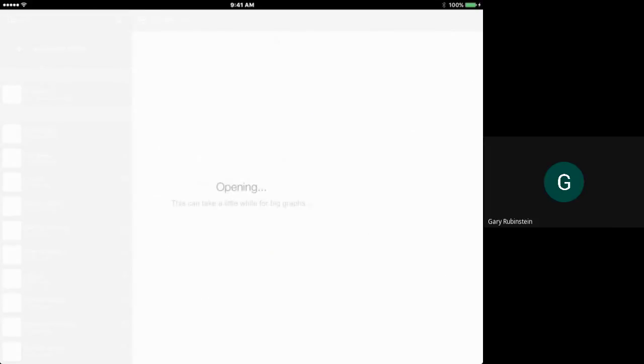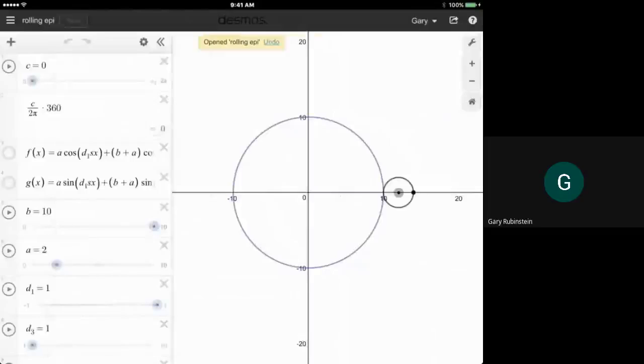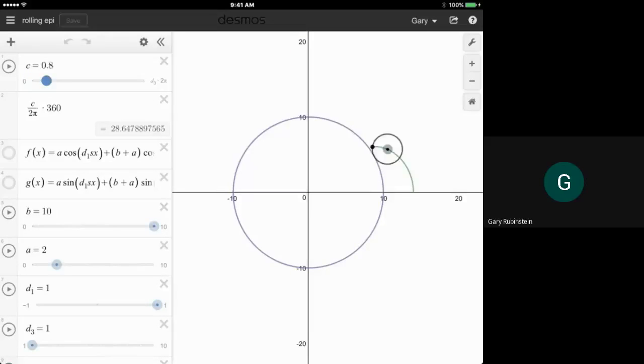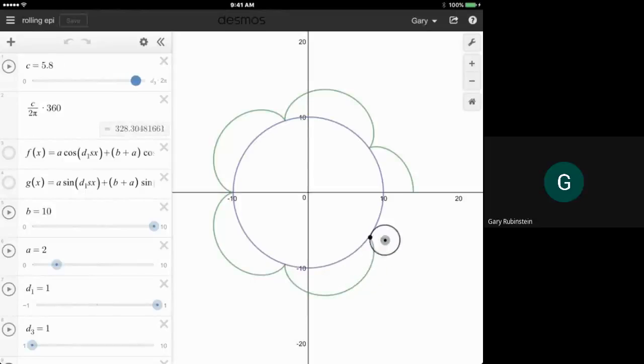So here's the situation that we were looking at, and I'm going to actually trace it out. And you can see here, it makes this 5-petaled flower.